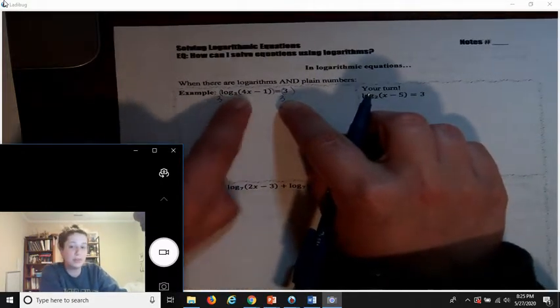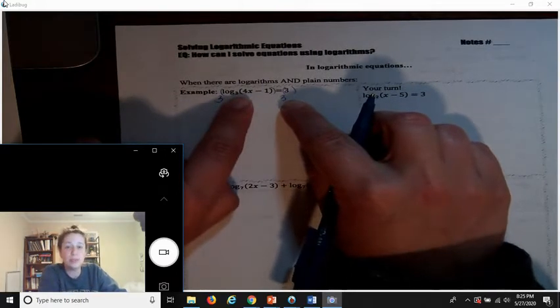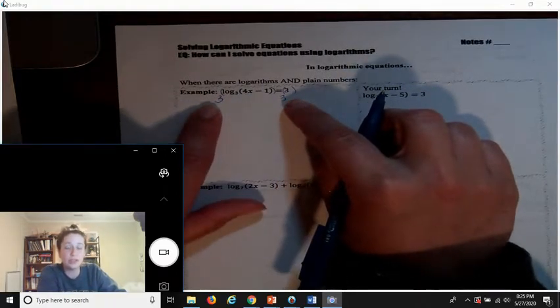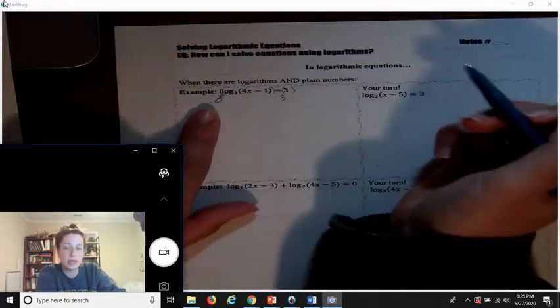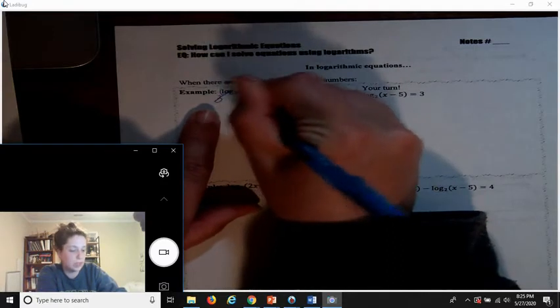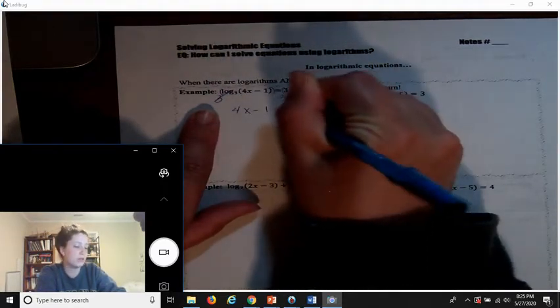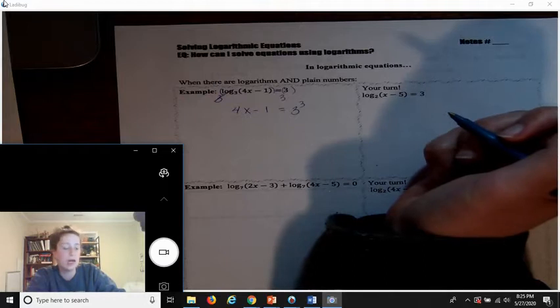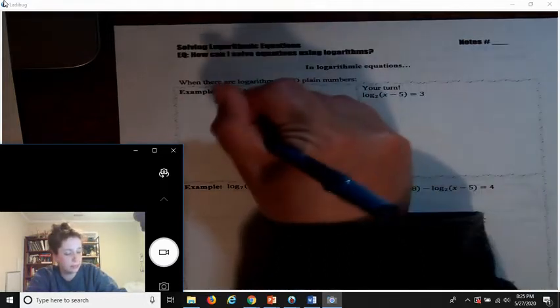This one had log base 3. We need to undo that, which means we need the exponential function with base 3. So the logarithm and the base here are going to cancel, leaving us with 4x minus 1 equals 3 to the third power. Then 3 to the third power is just 27.